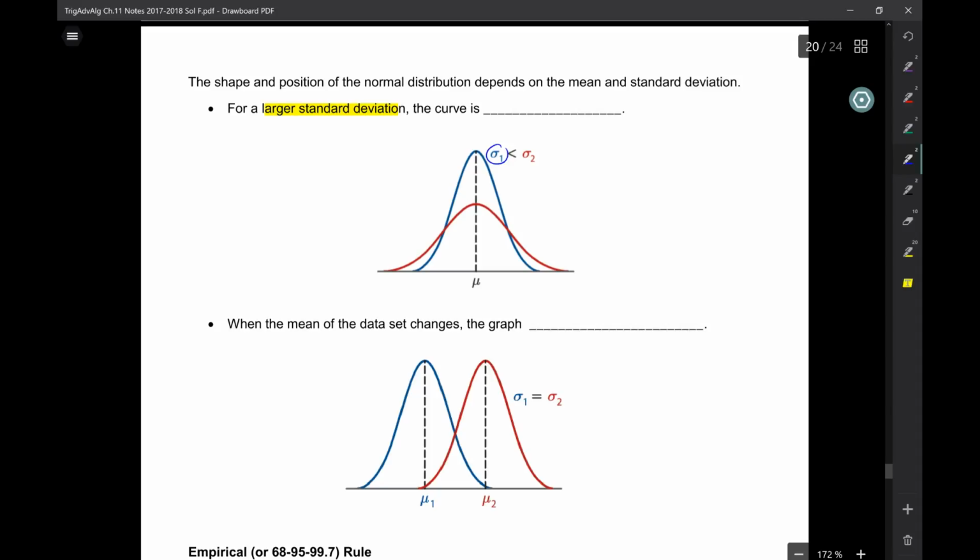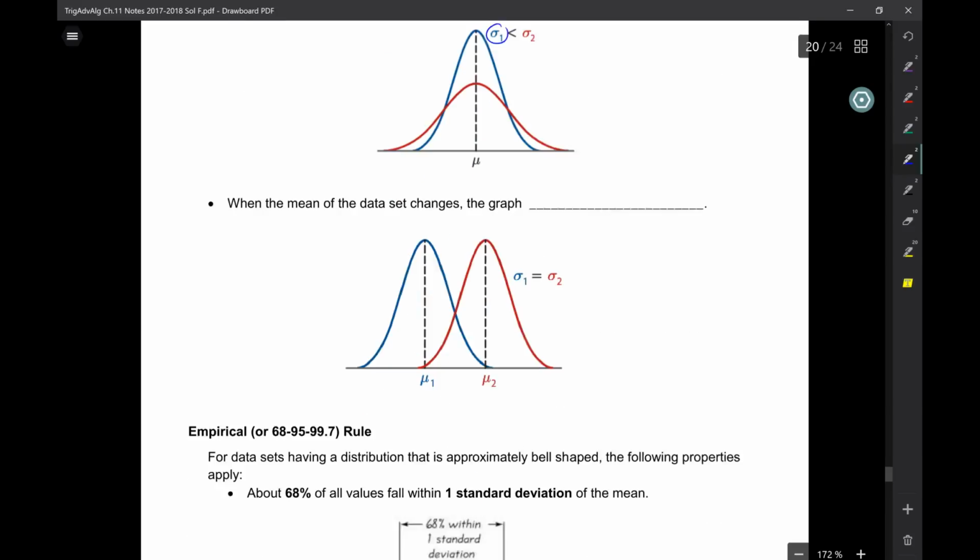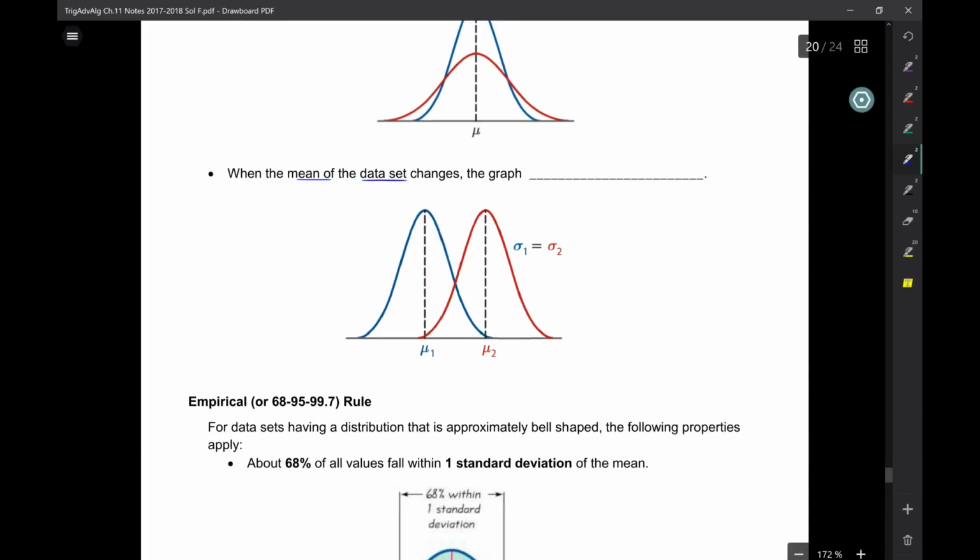So what happens to the peak? The curve is lower and wider. When the mean of the data changes, the graph shifts horizontally.